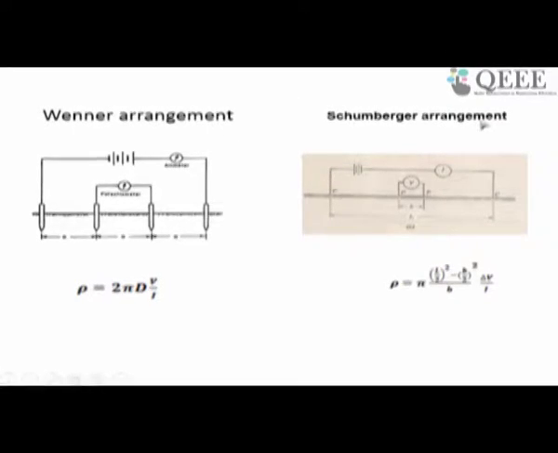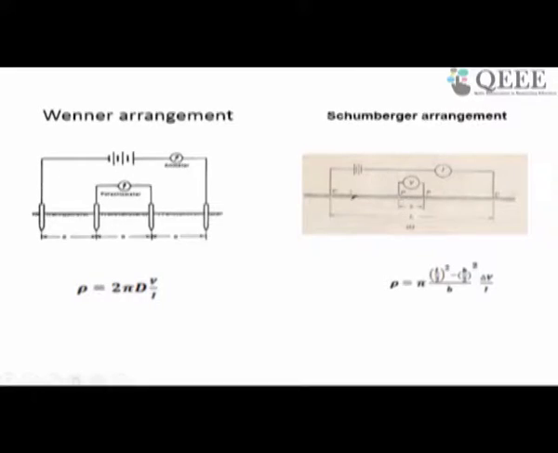The other is the Schlumberger arrangement, where you use different lengths for the potential electrodes. In that case, if the distances between the electrodes are not the same, then you have to measure the distance between the potential electrodes and the distance between the current electrodes.